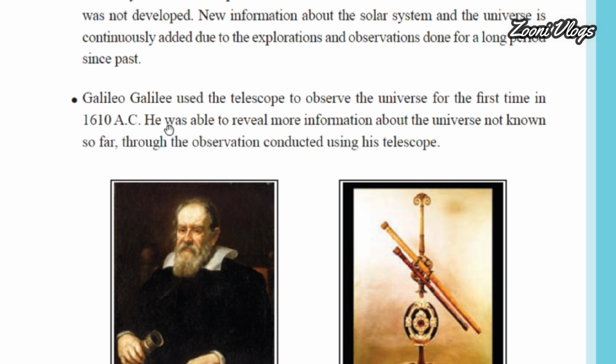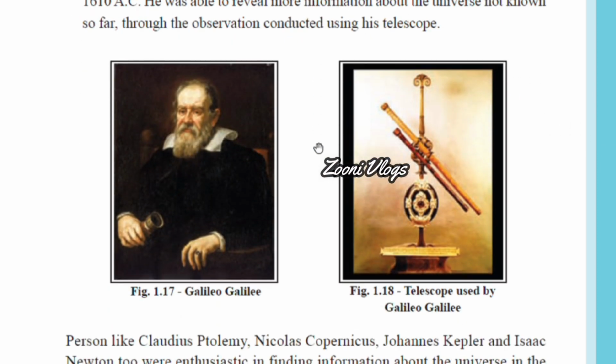He was able to reveal more information about the universe, not known so far, through the observations conducted using his telescope. Even though they did not have technical equipment like ours, they identified some. Galileo Galilei is the famous person who identified the telescope.